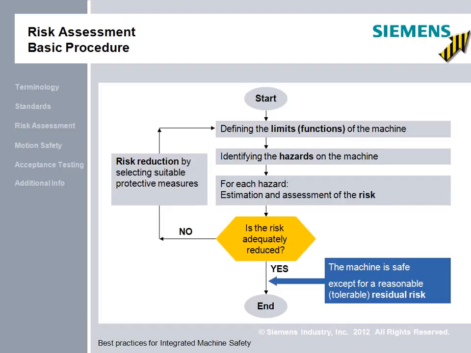This specific flow chart is out of one of the standards, and they're all basically the same, and they follow the concept of reducing a risk to a tolerable level. In practice, you define the hazards on the machine: trip and fall, a vertical axis falling. I need to insert a tool into the spindle, and if the spindle rotated unexpectedly, there's a hazard.